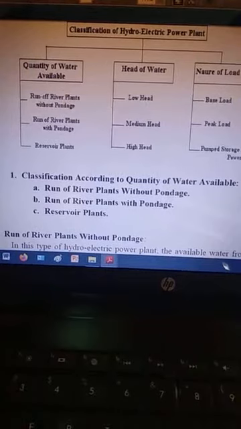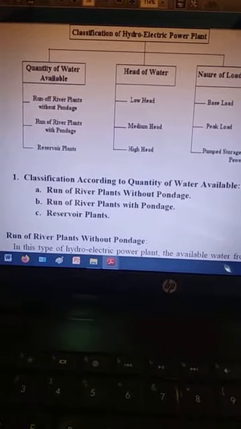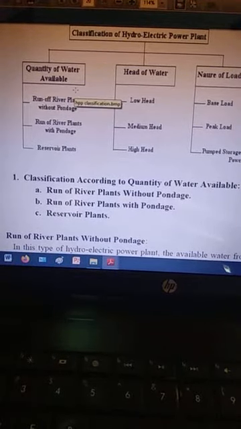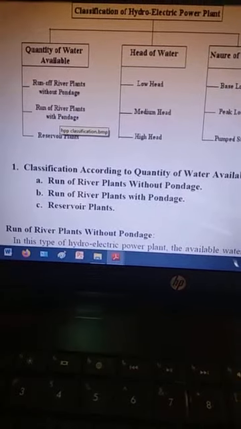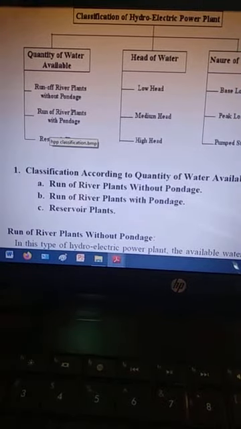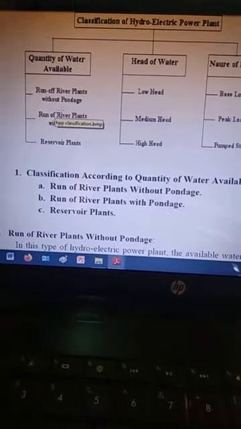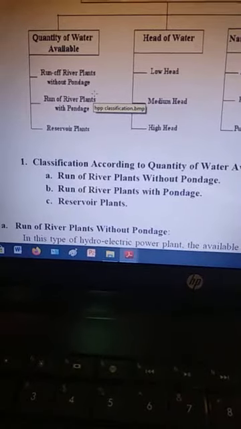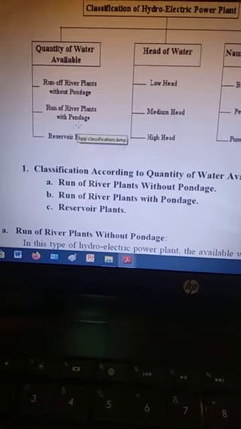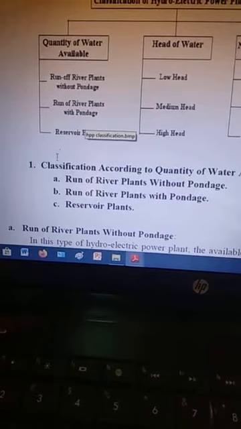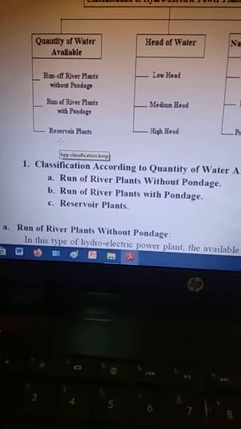First, it has been classified on the basis of quantity of water, and on the basis of quantity of water, there are run of river plants without pondage, run of river plants with pondage, and the third is reservoir plants.